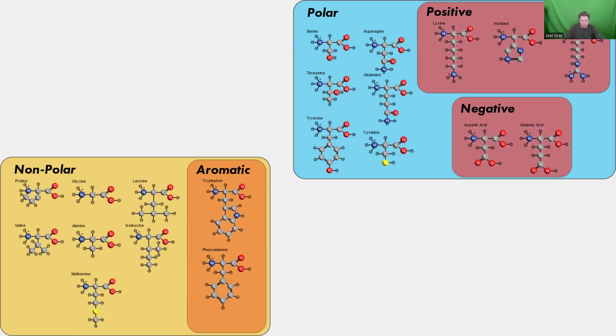Yes, they're polar and they're positive. We also have tryptophan and phenylalanine. Those are both nonpolar, but they're also aromatic. So tryptophan is an aromatic amino acid. Yes. Tryptophan is also a nonpolar amino acid.